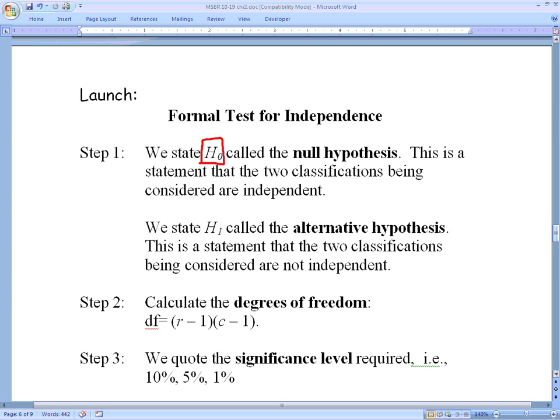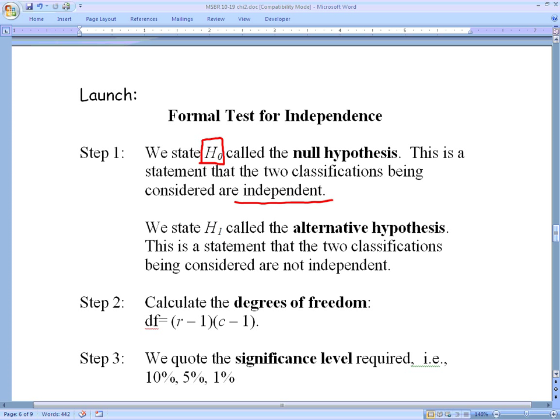We had an example from last class that was gender and sleep, and we could say our null hypothesis: there is no relationship between gender and sleep. Or you could say gender and the amount of sleep you receive are independent of each other. Either way, say no relationship or independent, because that's what independent means.